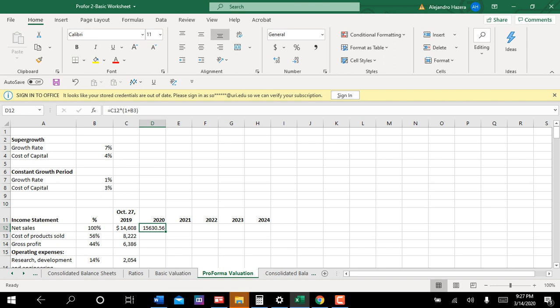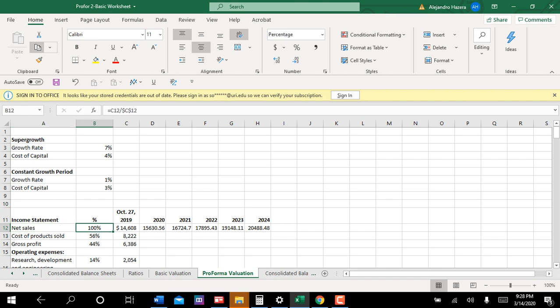Since we're going to copy this out and we want to freeze that 7% where the cursor is now, we're going to put dollar signs in front of both the B and the 3. Now we've frozen in the 7% and we can copy the number out starting with 2020, all the way to 2024.